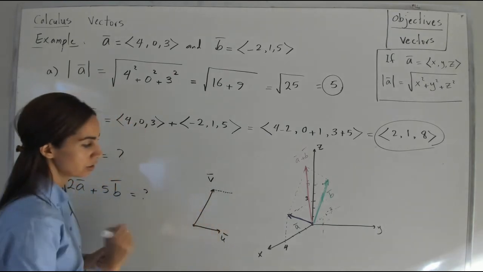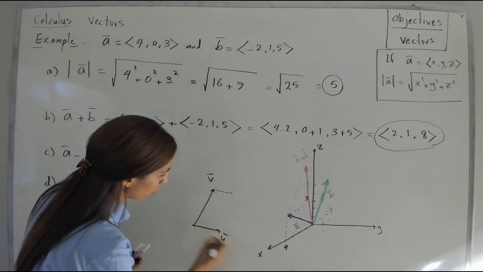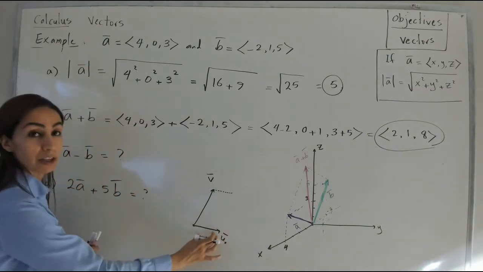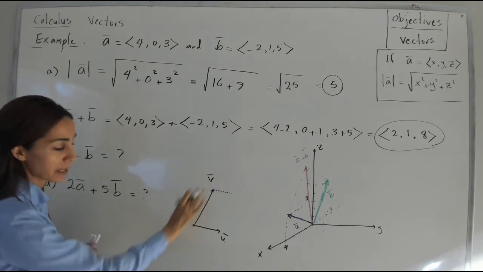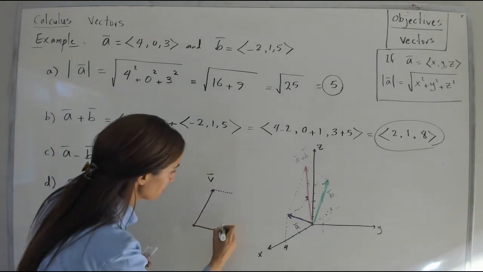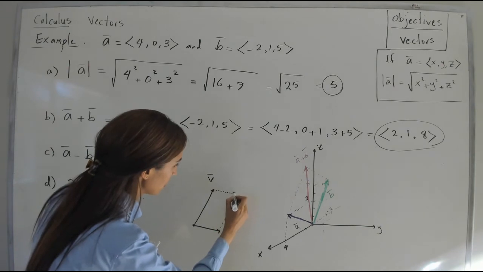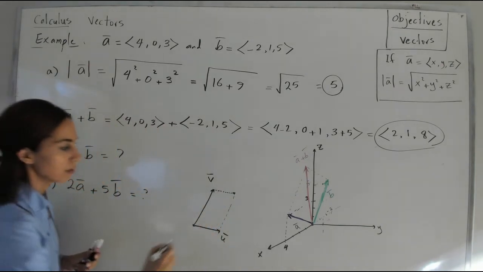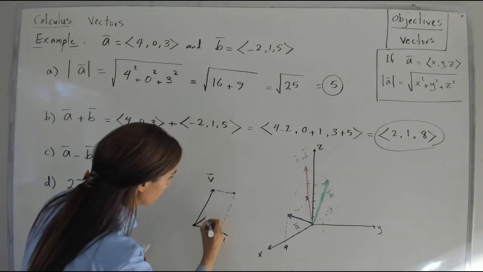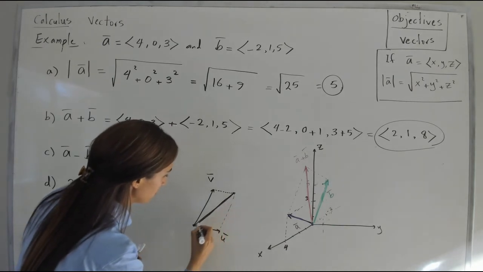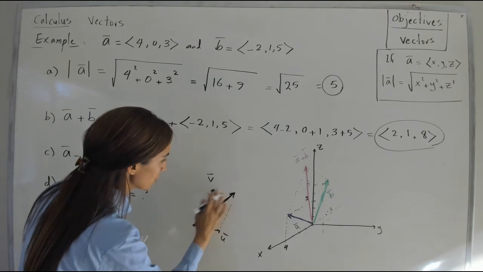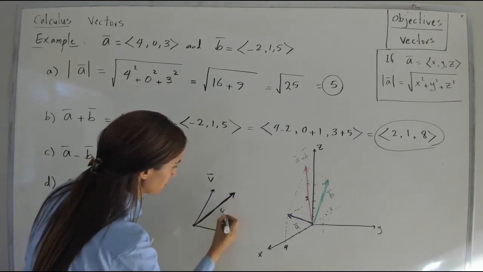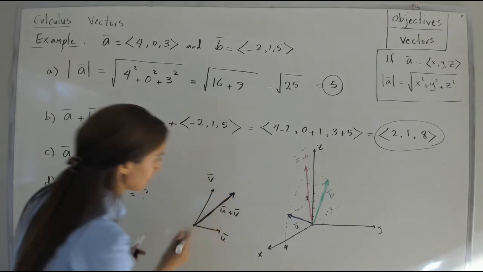We're going to continue, and here we can also start from the terminal point of vector u and use the same magnitude parallel to vector v. And then here you have a parallelogram. Its diagonal is going to be the sum of these two vectors, u plus v.